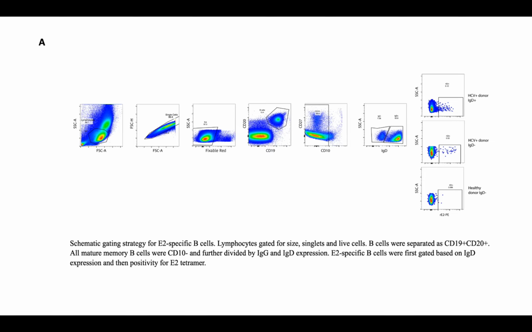And further, we also wanted E2 positive cells, which is the antigen receptor on the E2 protein of the HCV surface.